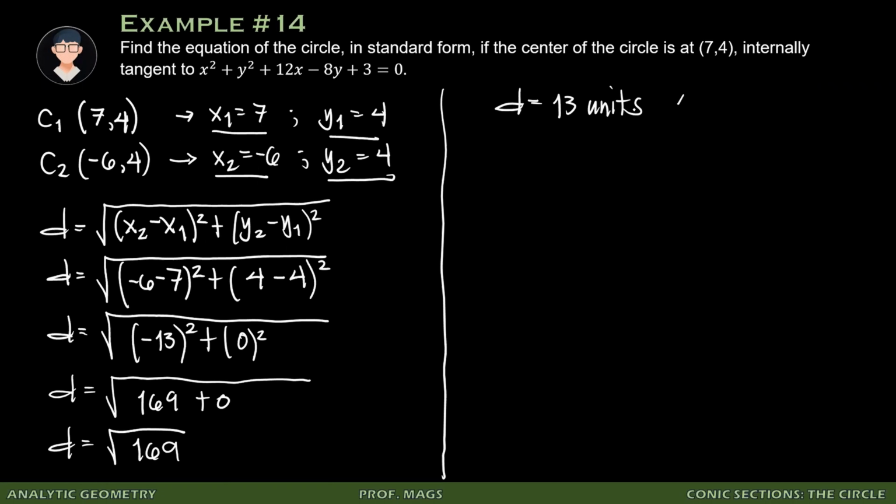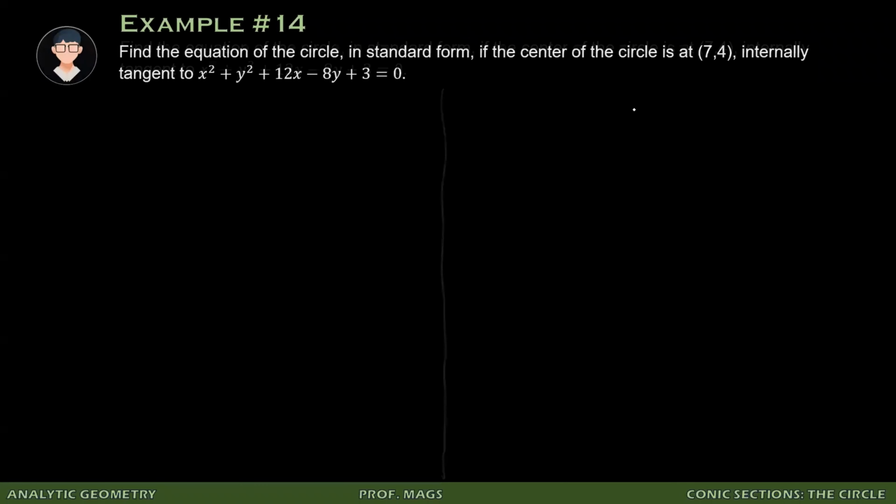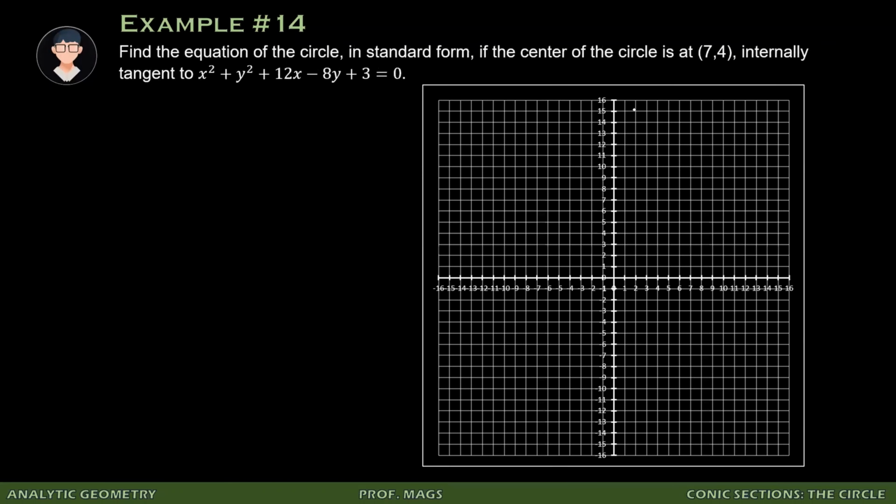After that, we are now going to proceed to graphing. So, sa graphing, lagay natin yung mga values natin or the given. C sub 1 is 7 and 4. Di natin alam yung ating radius for the first circle.